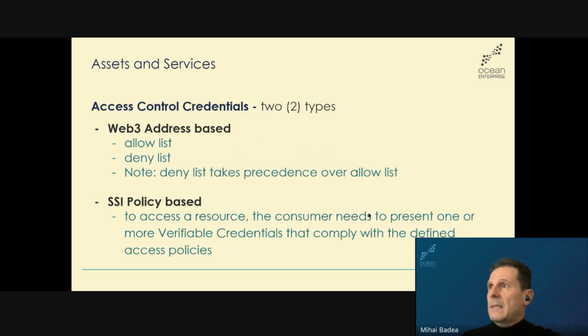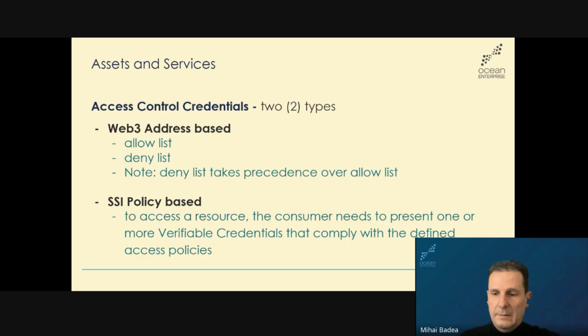And the last thing that we will cover here in the theoretical part of this workshop is access control credentials. So basically, when a consumer tries to access an asset, he needs to be allowed to access the asset.